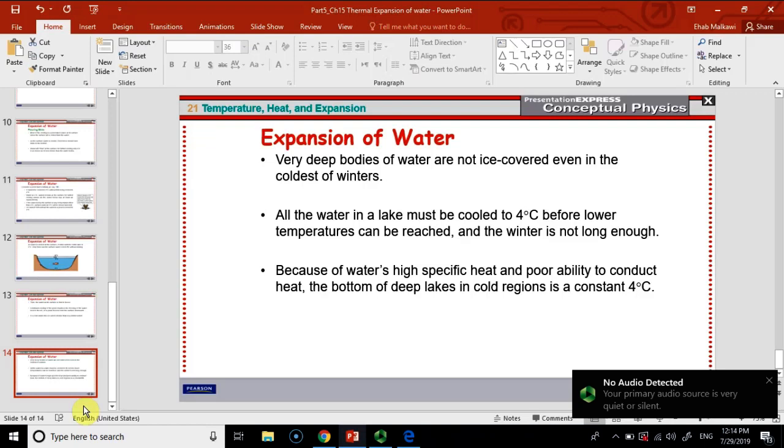And because, as we explained earlier, water has higher specific heat and it keeps its heat for a longer time, the bottom of deep lakes in cold regions will remain at a constant 4 degrees Celsius. Usually winter is not long enough to lower the temperature below 4 degrees Celsius for a large body of water.